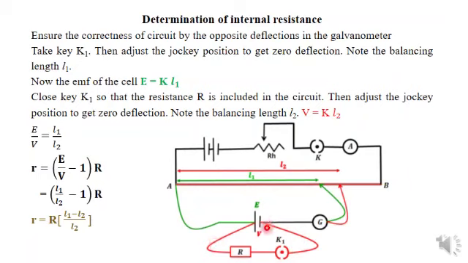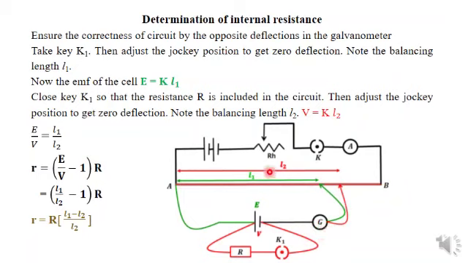This time the cell has potential difference V. Move the jockey from end A till the galvanometer shows null deflection. After seeing null deflection, measure the distance from end A to that point by using a meter scale.